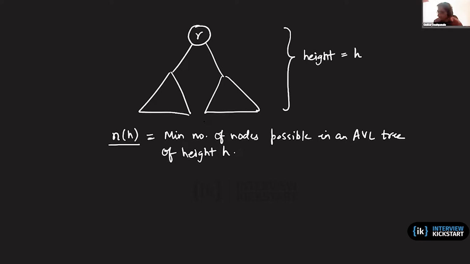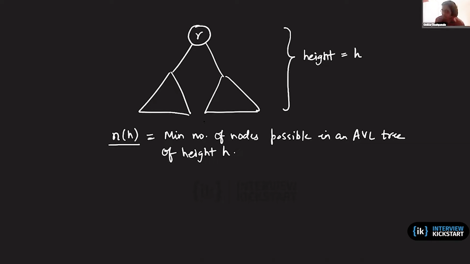If we want this tree to be the smallest possible, the balance factor at the root can't be 0, because if the balance factor is 0, that means we have both trees on the left and right having the same height. But we are trying to look at the smallest tree of this height h. So why not make one of the subtrees be of height h minus 1?